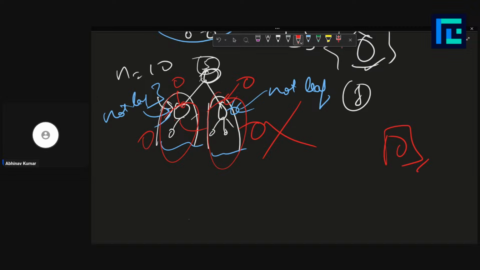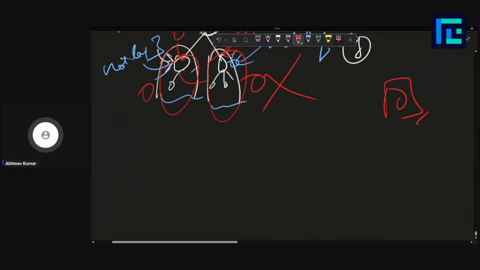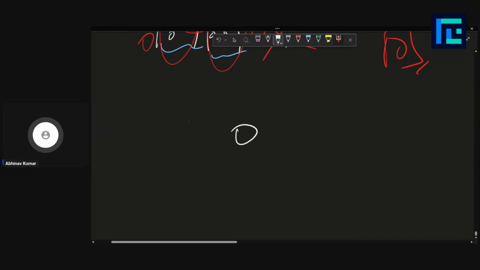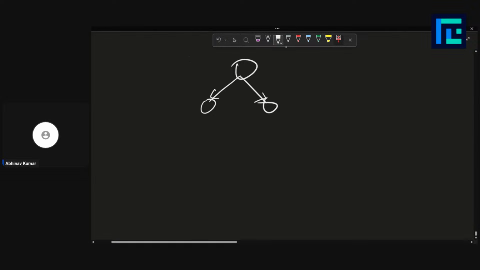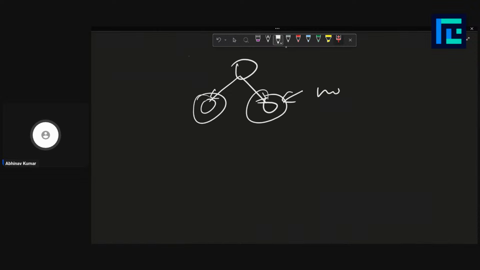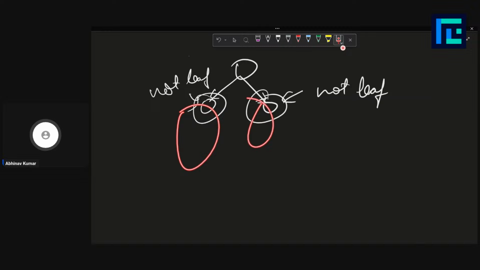So how can you generalize this? When would you have 0 valid assignments? Whenever you find in the tree a node that has 2 children such that both of these children are not leaves, then by generalizing the above, your answer would become 0.